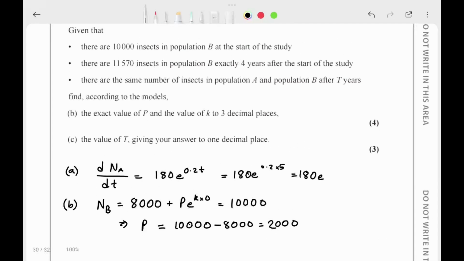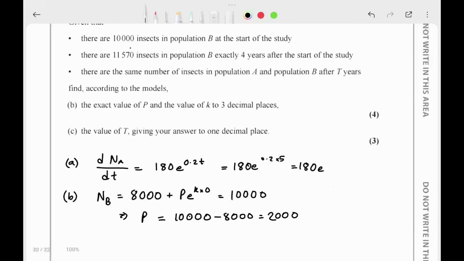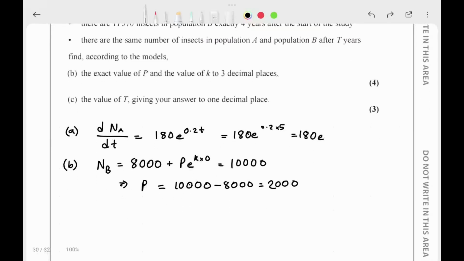And after 4 years, we have the number of insects after 4 years. So 11,570 is equal to 8,000 plus 2,000 times e to the power k into 4.